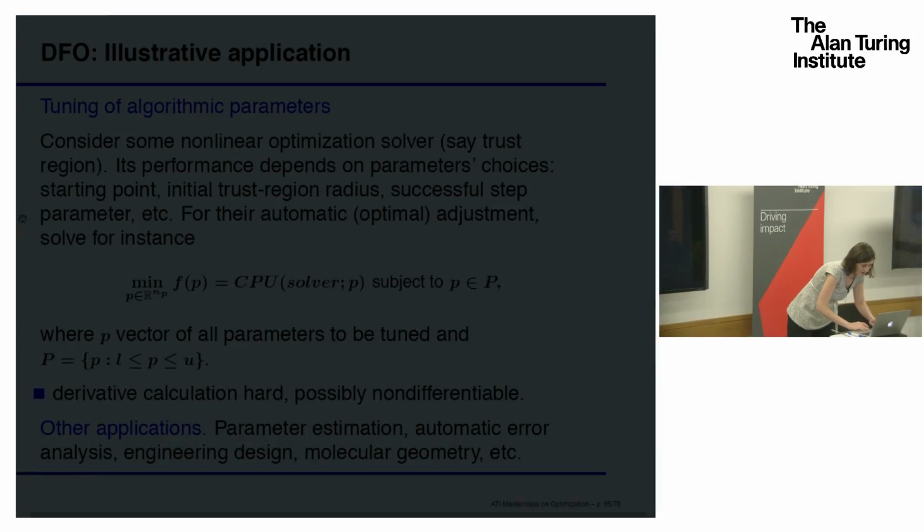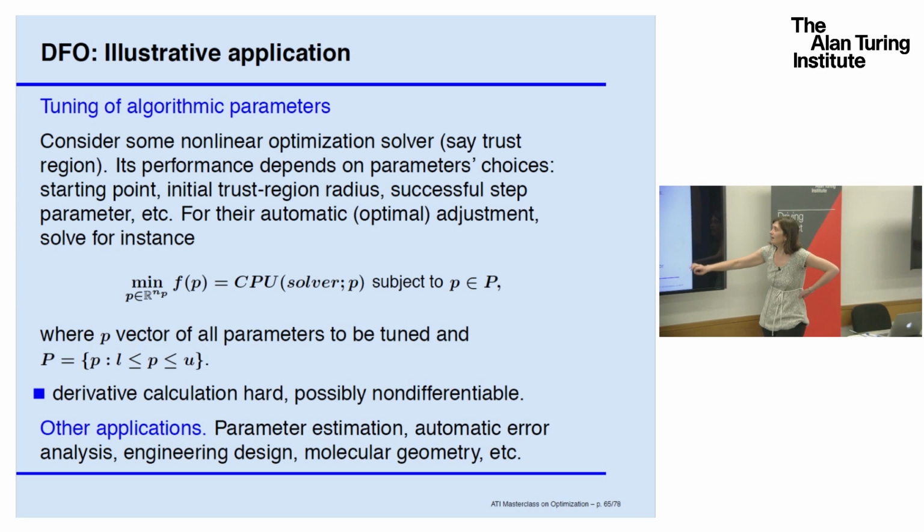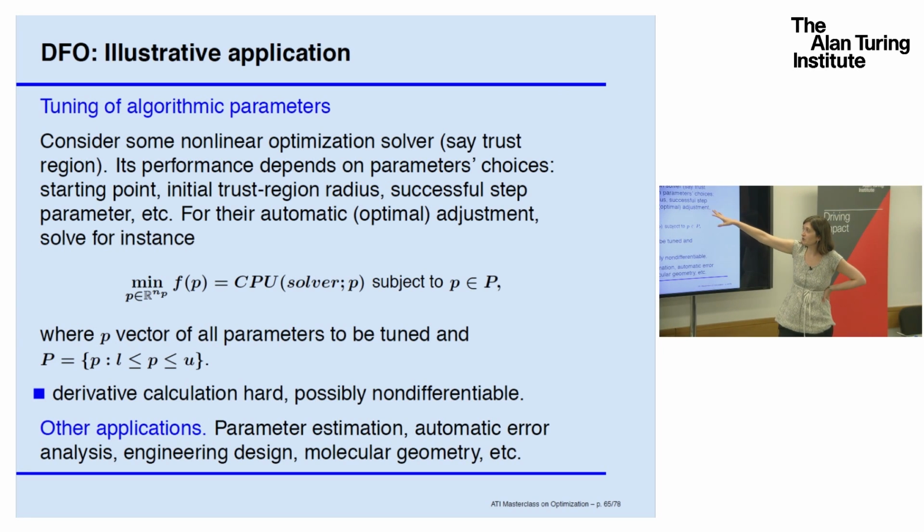You have some key parameters, like the starting point, or initial trust region radius, like we've seen, or initial step size. Then you want to find the best values of those parameters on a certain test set. This would be very hard to do if you have to differentiate with respect to the parameters.